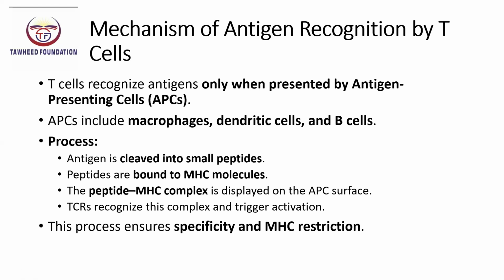The TCR then recognizes the peptide MHC complex, initiating T cell activation. This process is crucial for ensuring specificity and self MHC restriction, meaning T cells respond only to foreign antigens in the context of self MHC molecules.